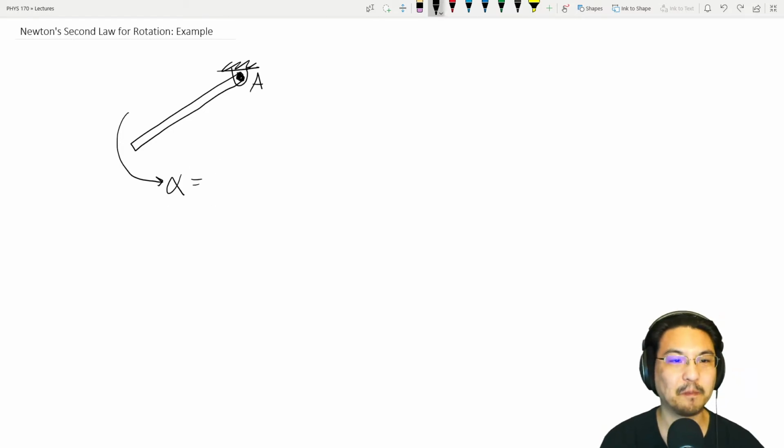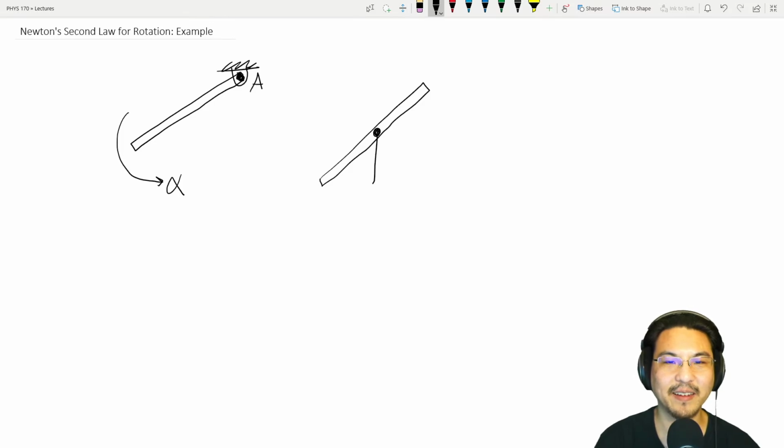Let's solve for that. So what do we do? Draw the free body diagram. So here's the slender bar, with all the forces acting on it. There's weight acting at the center of mass. Let's say it's a bar of mass m.